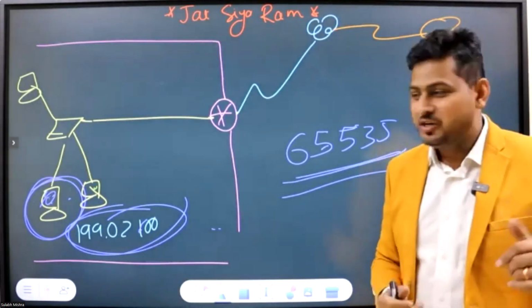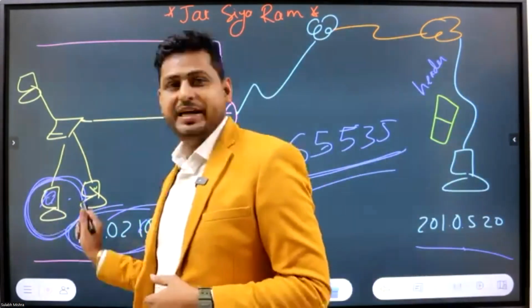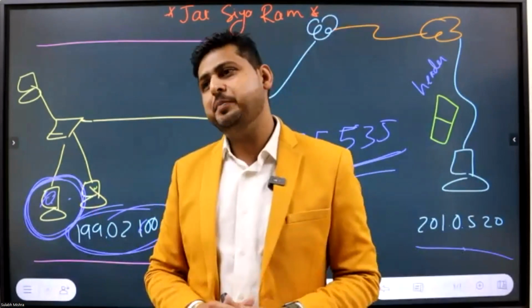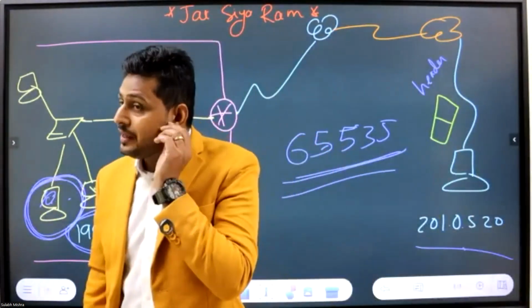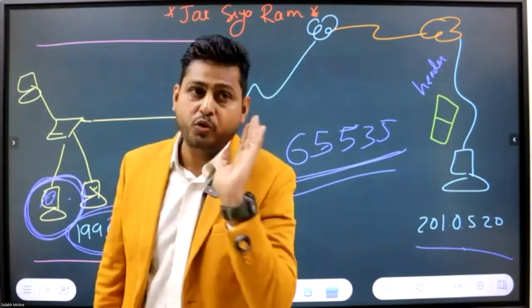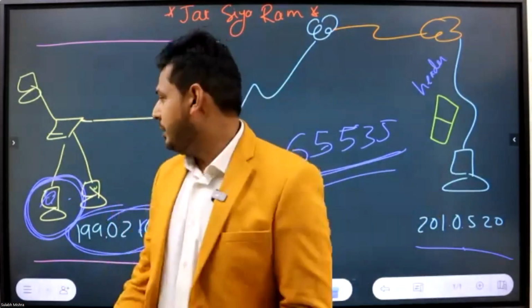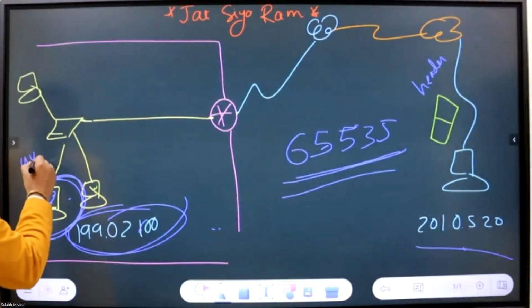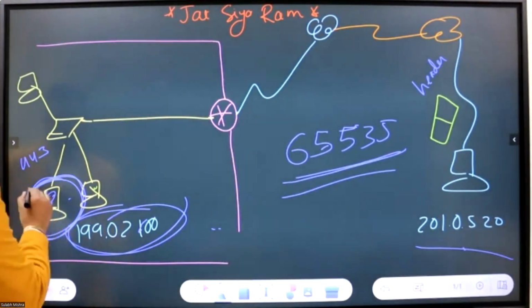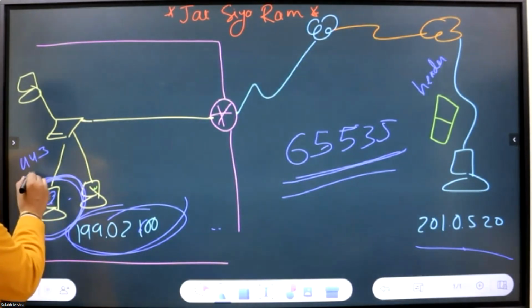So whenever you are installing any application on the system, you have to bind a particular application with a particular port number. Okay, this particular application will communicate on this port number. For example, you have multiple applications. One application, for example, Facebook on port number 443. You have some Salesforce application on port number 55.